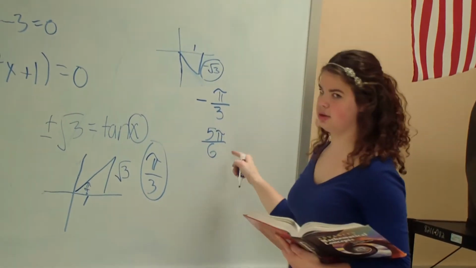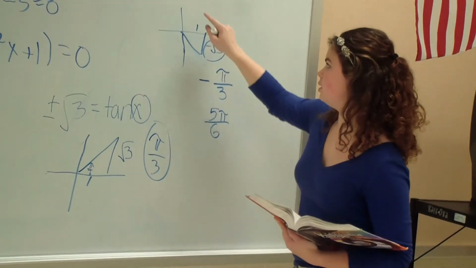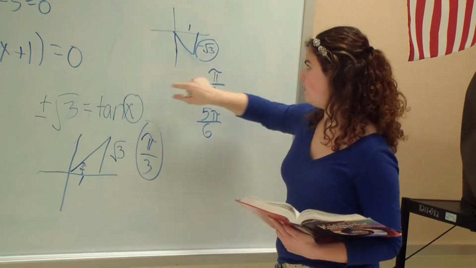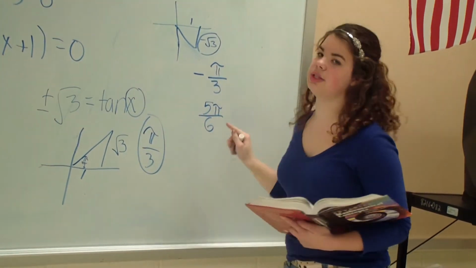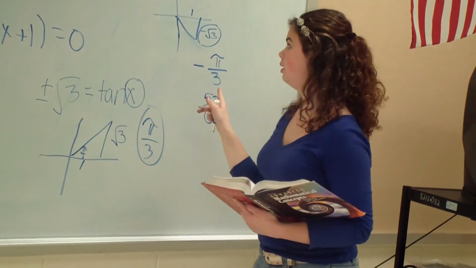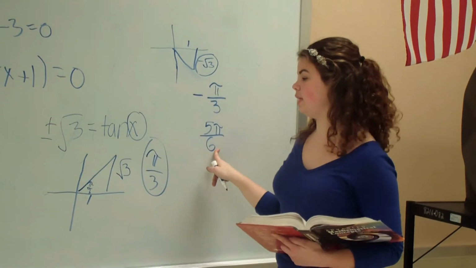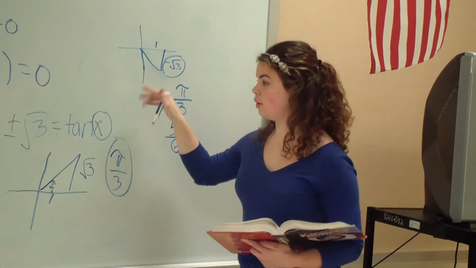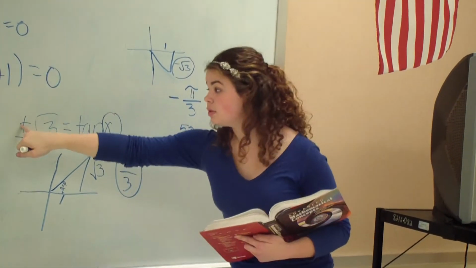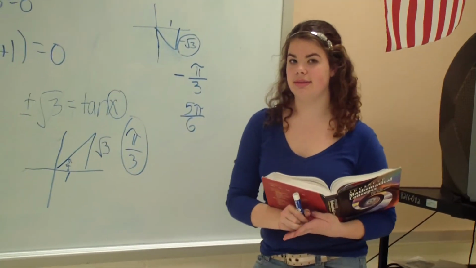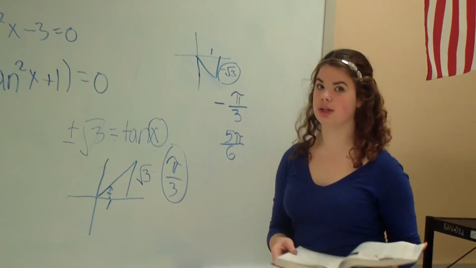Because remember, these are equivalent. Because there's 1 pi over here and 2 pi over here, and 5 pi over 6 is just shy of 2 pi. So negative pi over 3 is going to equal 5 pi over 6 for your negative square root of 3, or for your positive square root of 3, we're going to have pi over 3 only. That is how you solve trig equations.